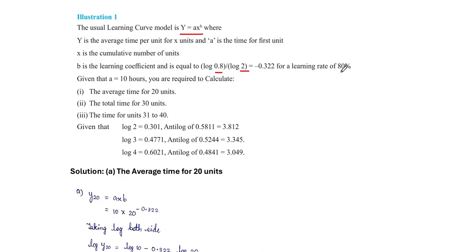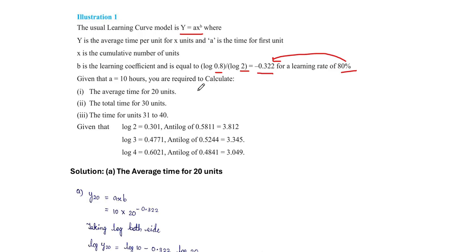That means the learning rate is 80% and the value for the 80% ratio is given as minus 0.322. Given that a is equal to 10 hours, that means for a single unit, time taken is 10 hours.